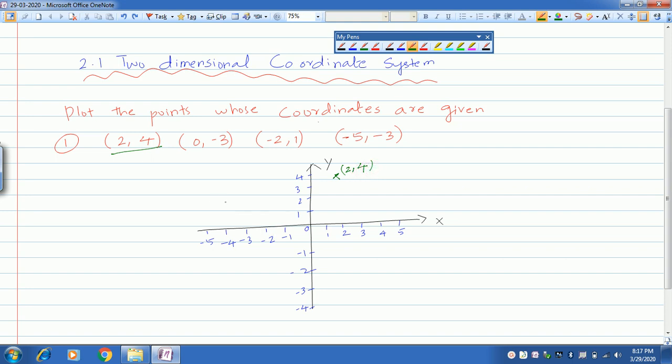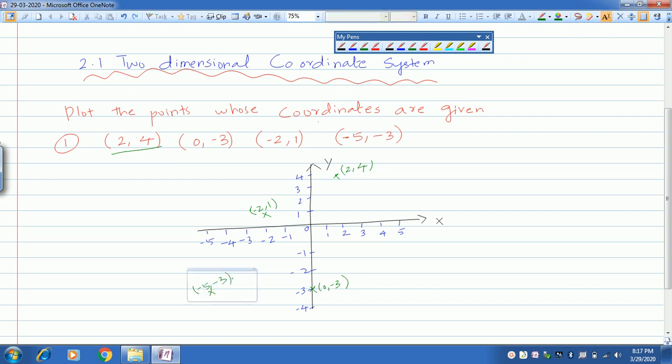It is x is 0 and y is minus 3. 0 comma minus 3. The next one: here we have minus 2 and 1. This is an approximate graph. Next, here x equals minus 5, y equals minus 3. Minus 5 comma minus 3.